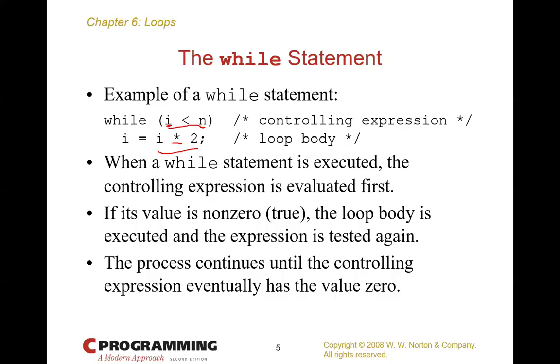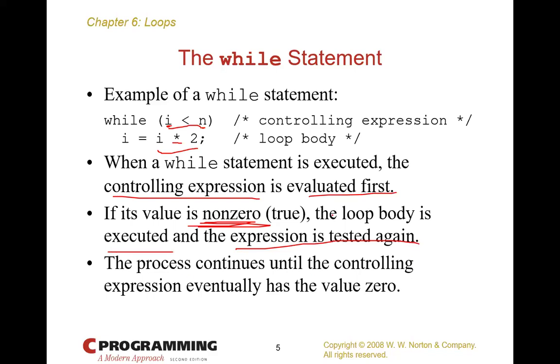When a while statement is executed, the controlling expression is evaluated first. If its value is non-zero, non-zero means true, zero means false, the loop body is executed and the expression is tested again.